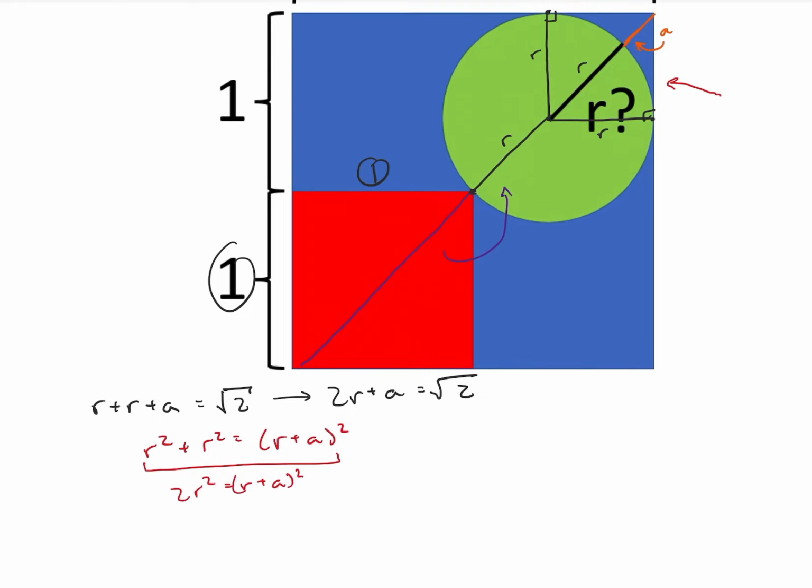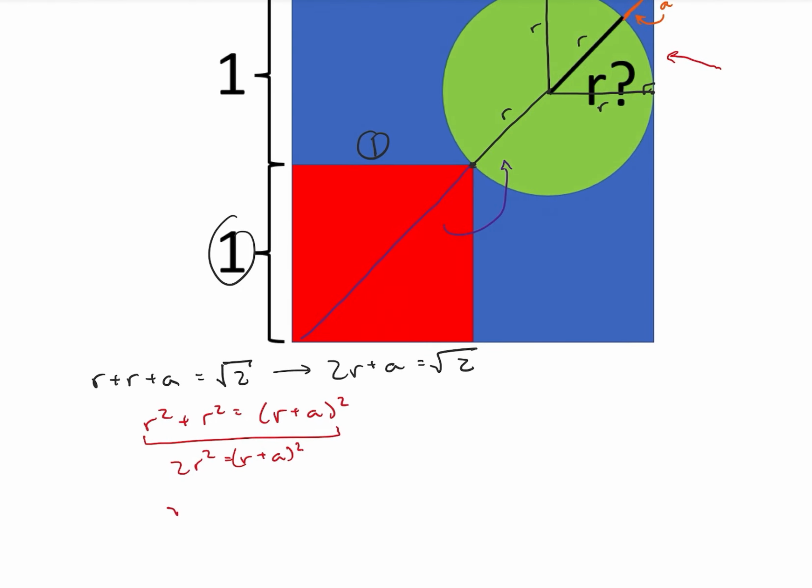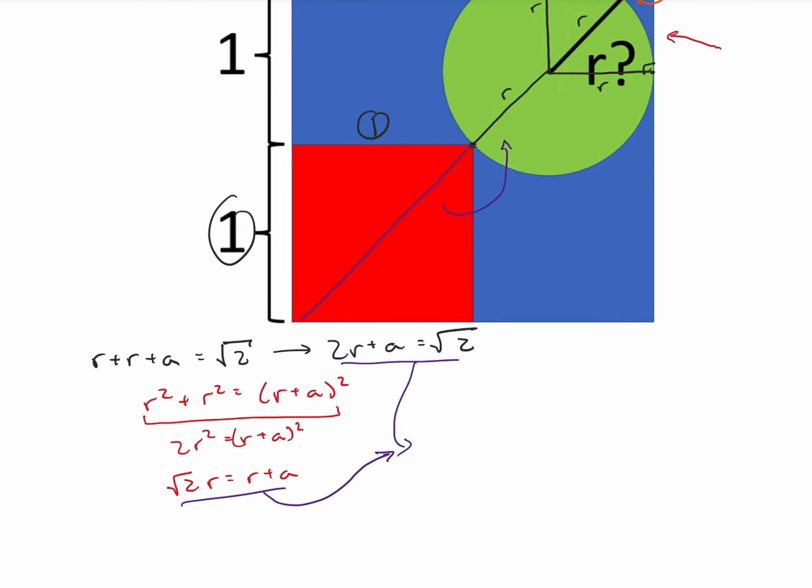I know r and a are both positive, so I'm going to have the square root of 2 times r is equal to r plus a. What I'm going to do now is take this equation and use it to plug into the other equation. So let's write it as a is equal to square root of 2 minus 1 times r.